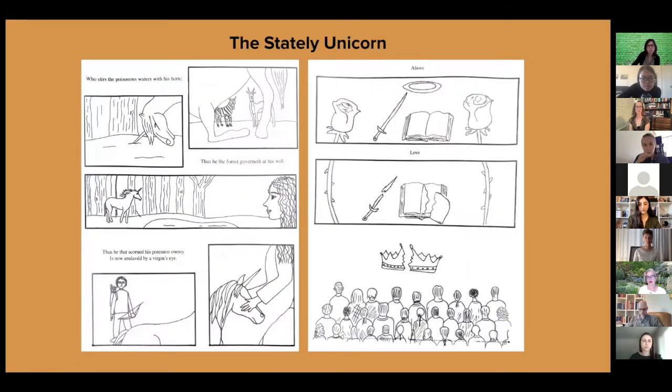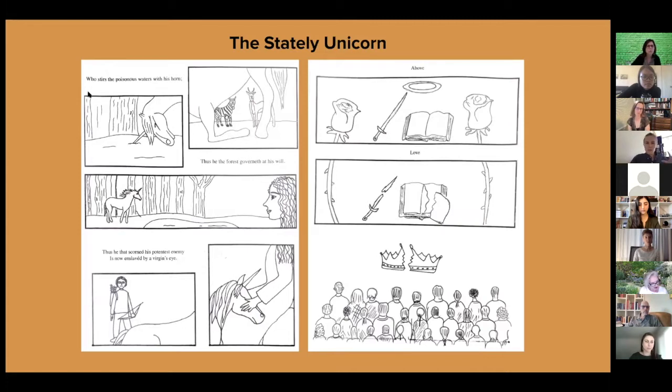And then finally, in this rendition of The Stately Unicorn, the students decided to portray the irregularities that Pulter inserts into a largely metrically regular poem by showing figures stretched across multiple panels, broken up by panel breaks. So if you look, it's a little bit complicated, but basically if you look at the unicorn here, who is broken up into two panels, but it's one continuous image, and the same here with this woman.